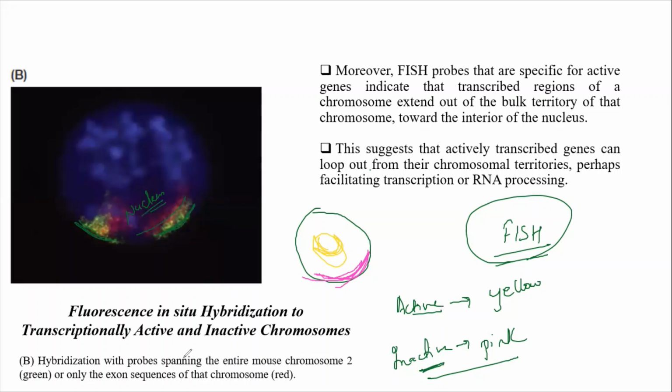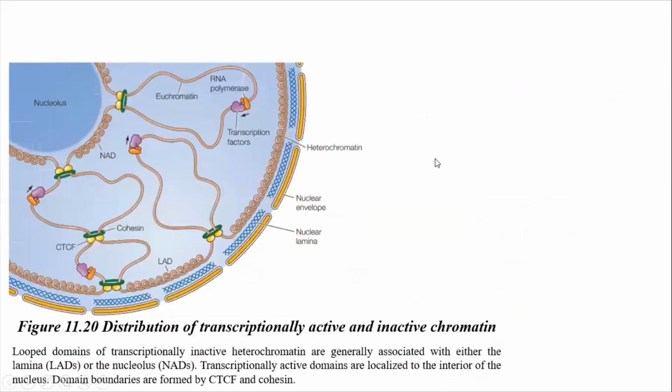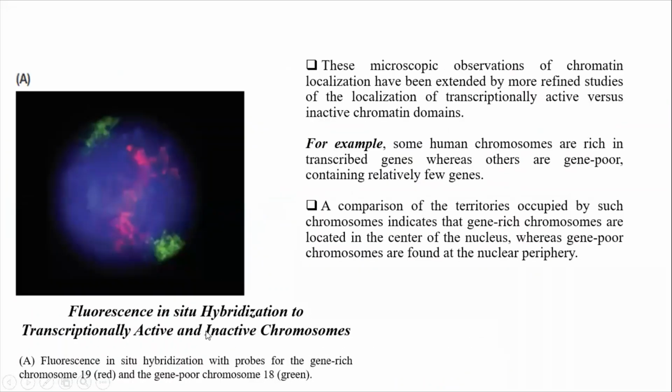Can you see? Yes. Hybridization with the probe spanning the entire mouse chromosome is green, and only the exon sequences. Exon means what? It is the active region, correct? So that is red. Let's go and check in another figure. Here, see, the gene-rich chromosomes are red, which is present inside the nucleus.